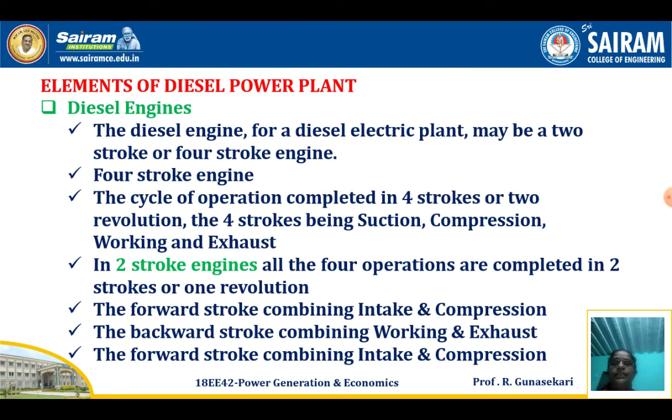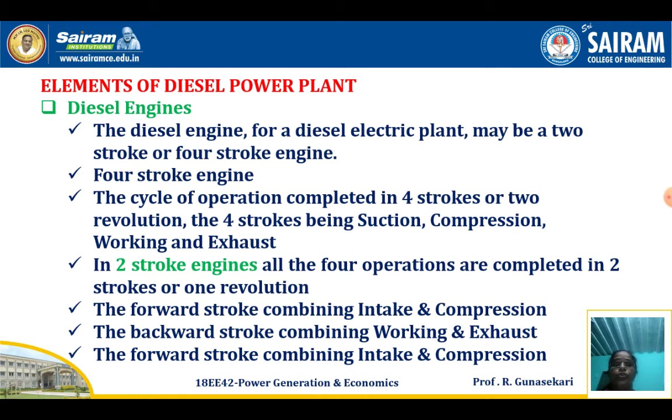First, diesel engine. The diesel engine for a diesel electric power plant may be a 2-stroke or 4-stroke engine. For a 4-stroke engine, the cycle of operation is completed in 4 strokes or 2 revolutions. That is, the 4 strokes being suction, compression, working and exhaust.